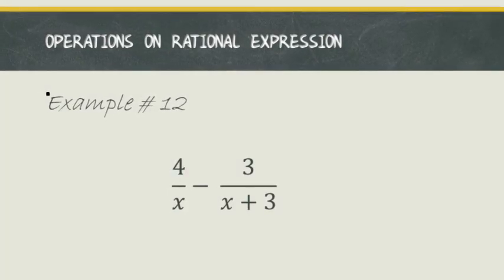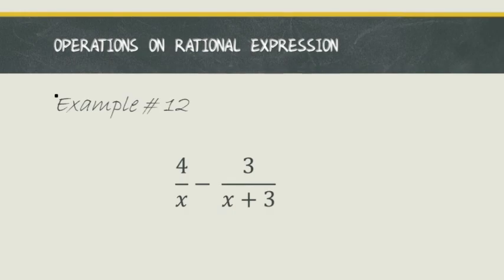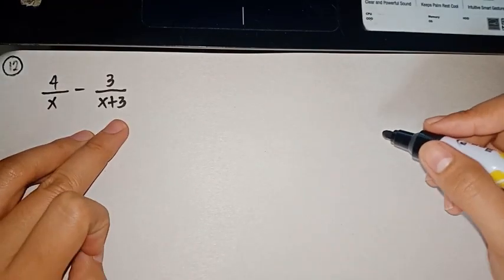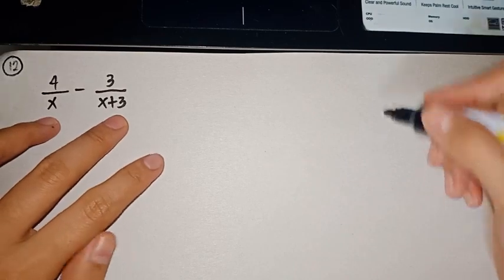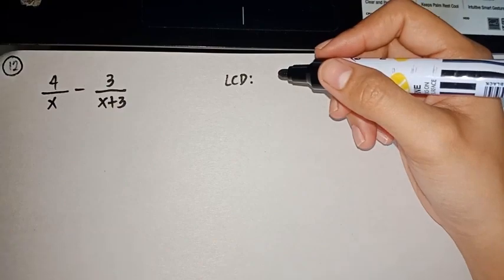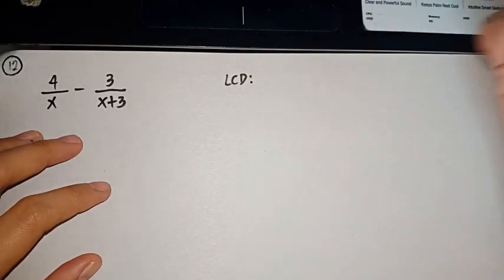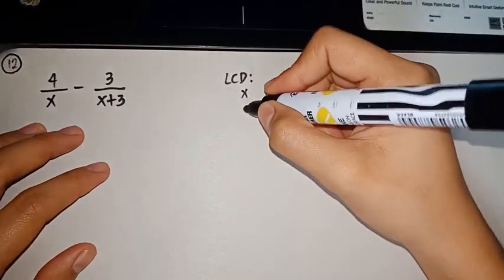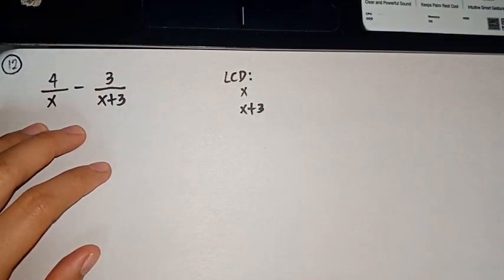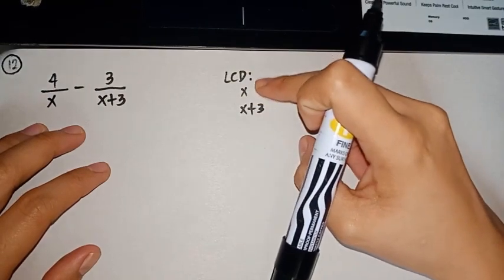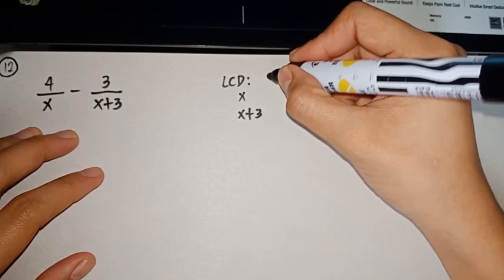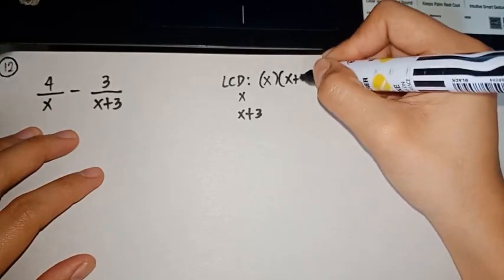Another example, number 12. Let's have another example: 4 over x minus 3 over x plus 3. They are similar fractions, so the next step is to get the LCD or the LCM. Since x and x plus 3 don't have any common multiple, since this is a monomial and this is a binomial, our LCD is x times x plus 3.